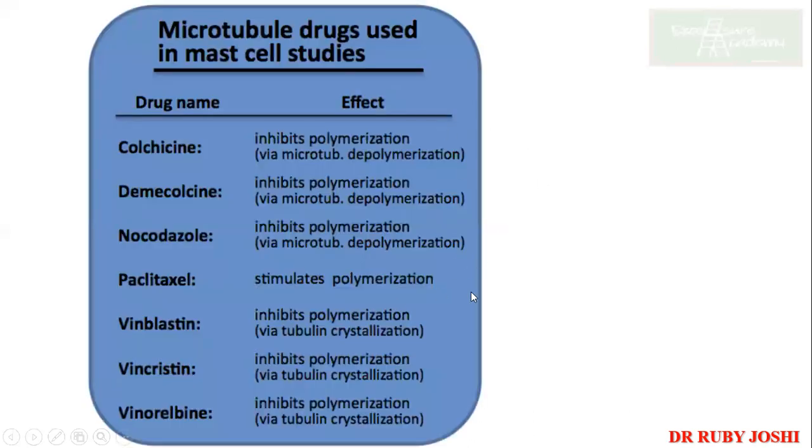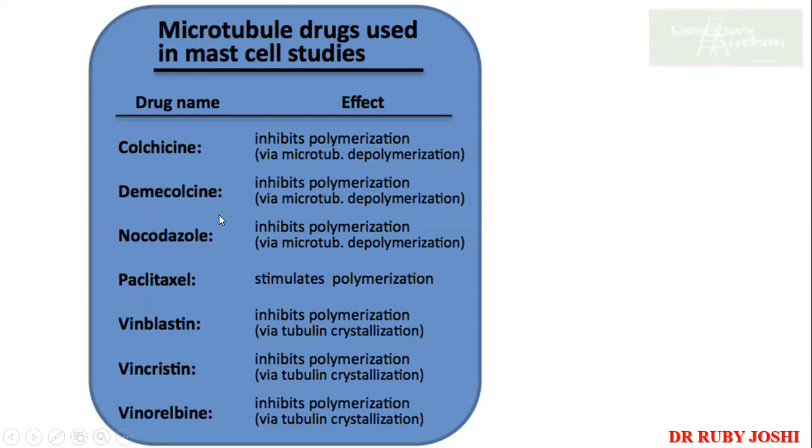Yeah, so this is the table which you have to remember, because in day-to-day lab work, whoever is working in the cancer region, related to cancer, should know how colchicine, paclitaxel, vinblastine, vincristine, all these drugs are actually acting. Okay, so here we can see colchicine inhibits polymerization via microtubule depolymerization.